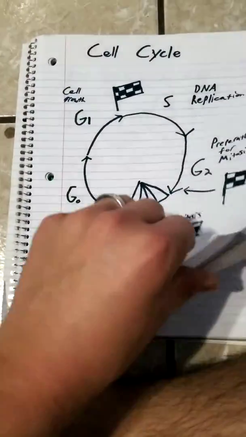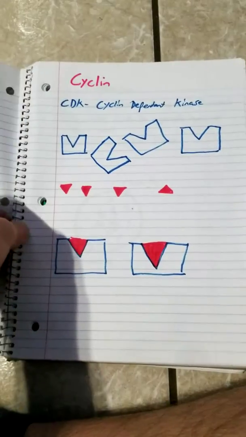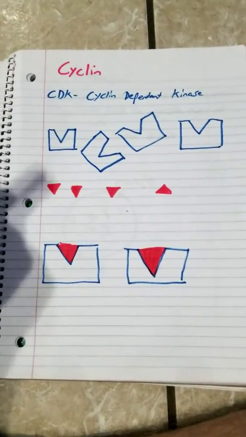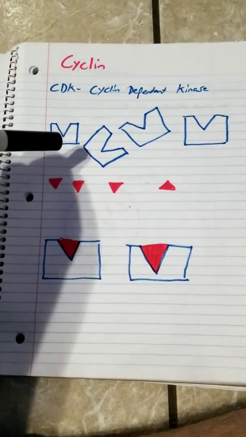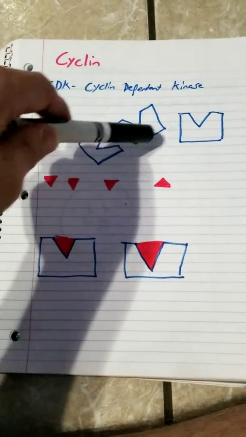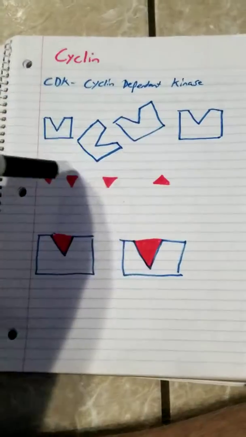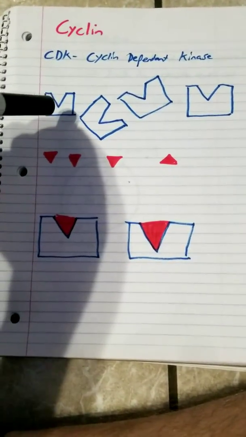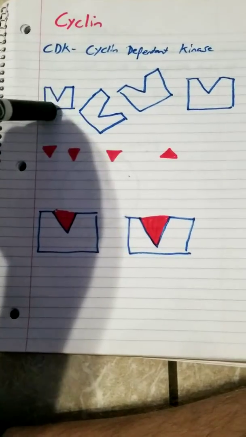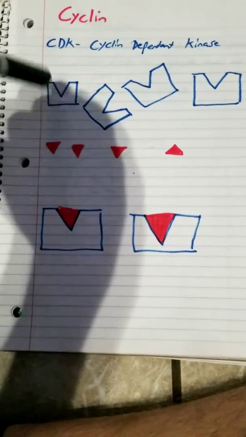Well, we can do that through cyclin. More specifically, CDK, cyclin-dependent kinase. Here's a small drawing of what CDK may look like in our bodies, and our cell has all of these CDK. They are currently inactive, which means they're not going to be doing anything. The way to tell if a cell has gotten through a checkpoint is how much activated CDK is in that cell.